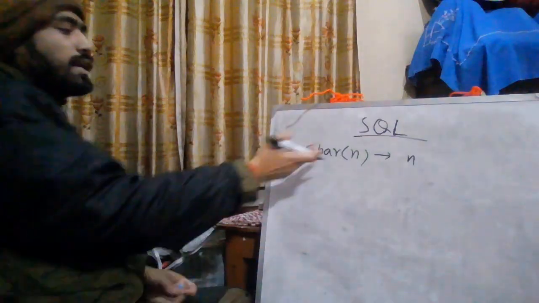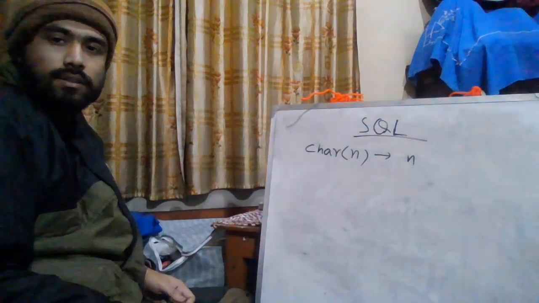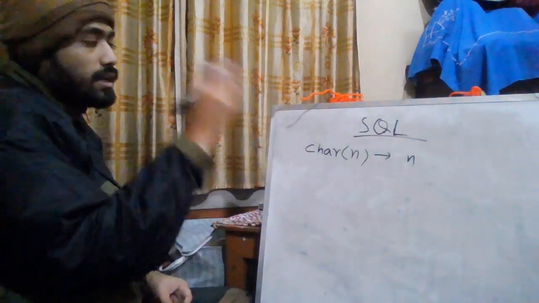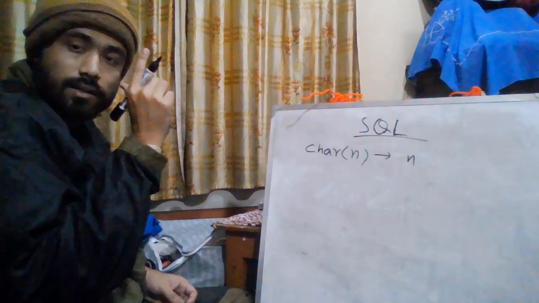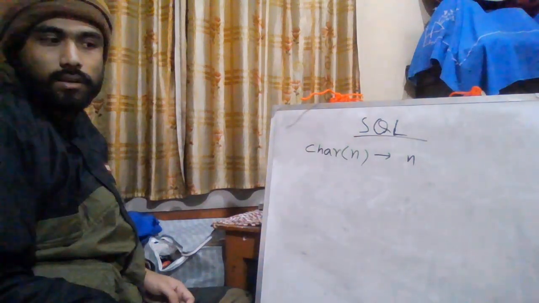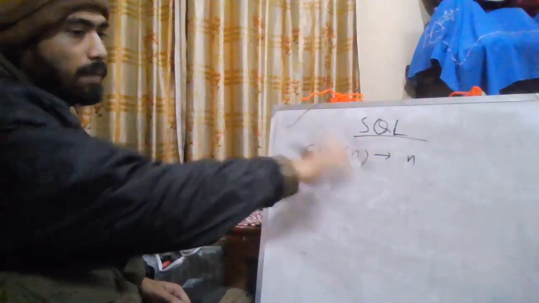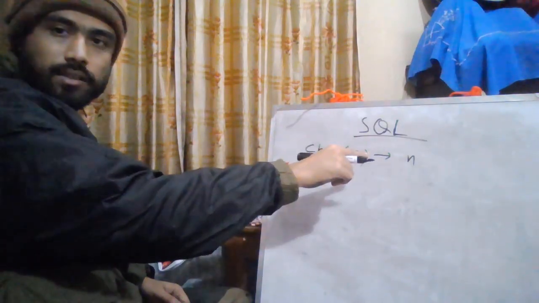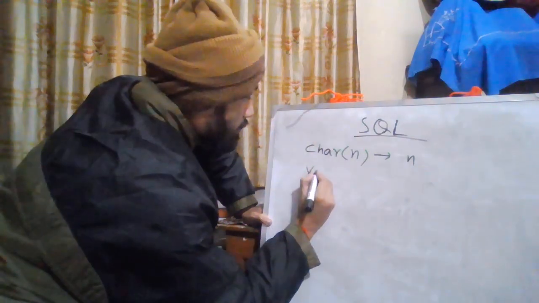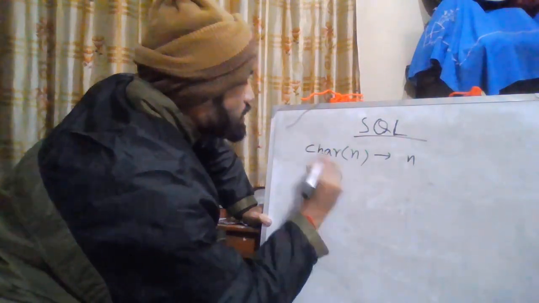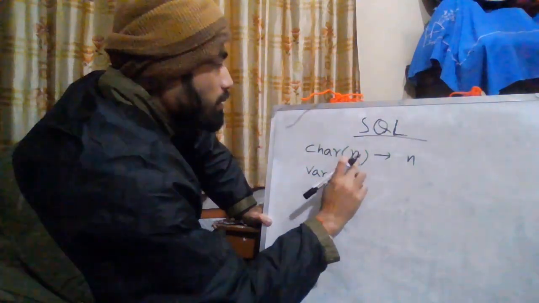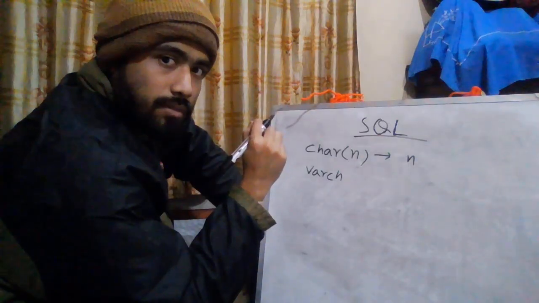So if I write char(10), it will hold 10 characters only. The number of characters is defined inside the bracket. So it is the fixed number of characters.